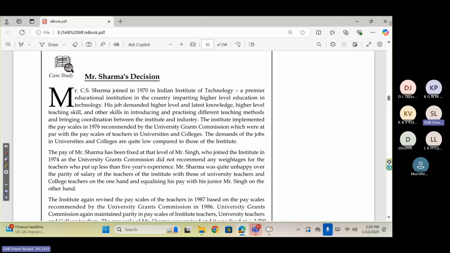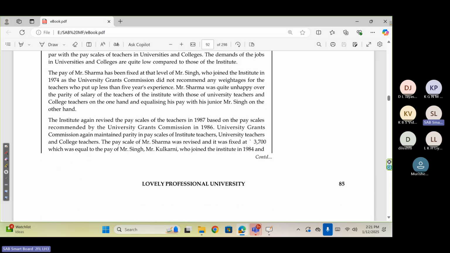To equalize, especially the junior salary. Because as per the motivation theories, people try to compare their effort, qualification, and returns with others' effort, qualification, and returns. Finally, they consider their satisfaction or dissatisfaction.